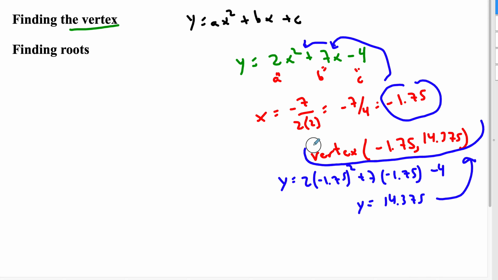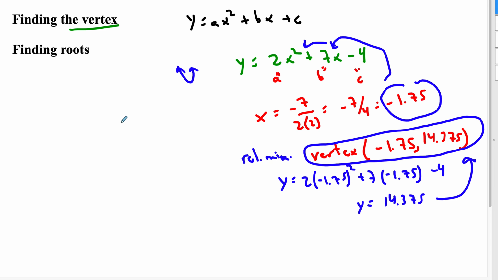Now please bear in mind the vertex is a coordinate, that is an x and y value. You should be able to identify too if the vertex is a min or a max. Now, because a is greater than 0, that is, the lead coefficient is positive, it means the graph opens up, as you full well know, which means that this is a relative minimum.